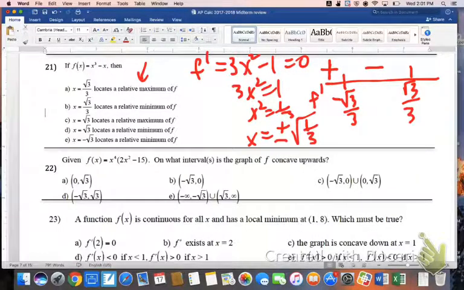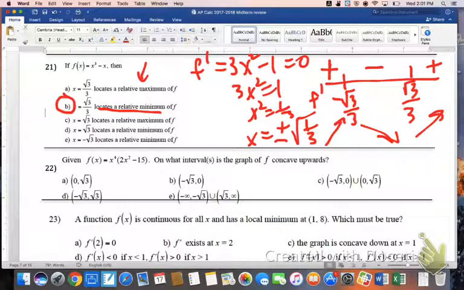And then something after root 3 over 3, so like 1, would be positive. So that means you have a local max at negative root 3 over 3 and a local min at root 3 over 3, which is B, a relative min.